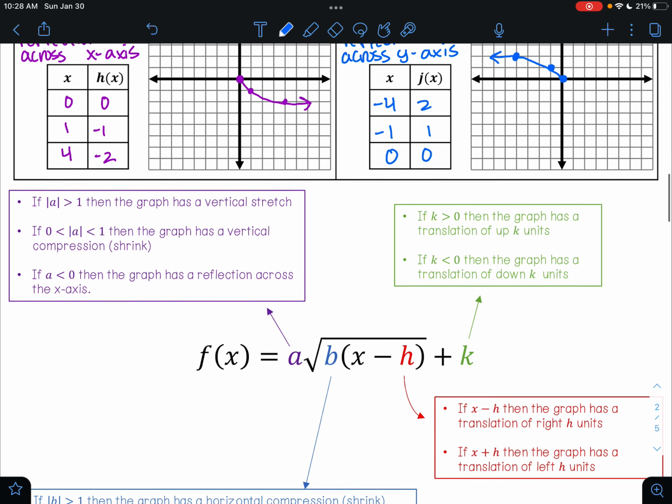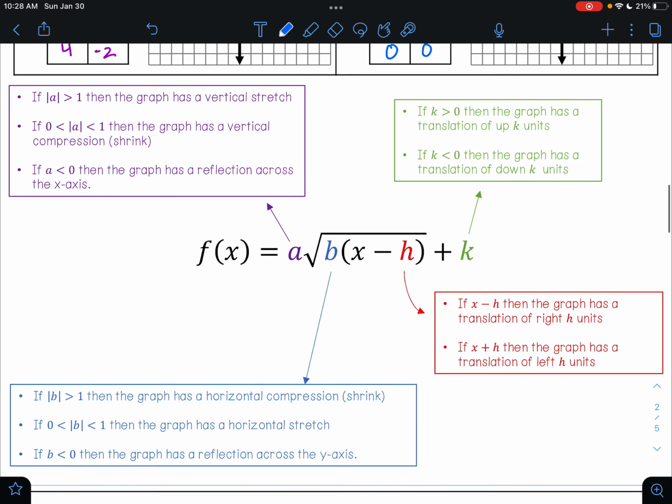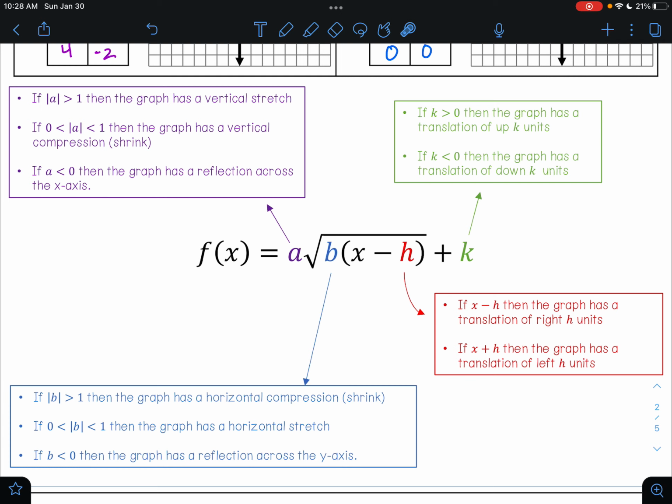If we scroll down here, you'll see that we have all of the transformations that we've been talking about with the other functions that we have learned. We still have our a, h, and k values. A will tell you if you have a stretch, a shrink, or a reflection across the x-axis. X minus h will tell you if you go left or right. K will tell you if you go up or down. But now we have this new value of b.